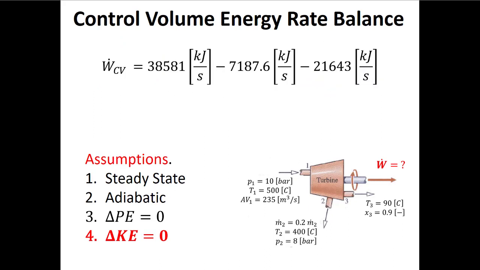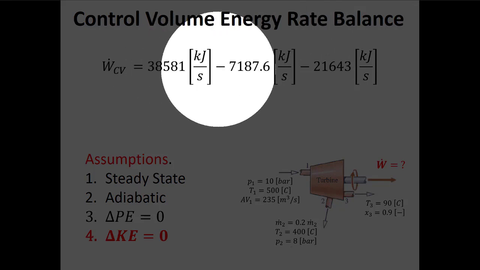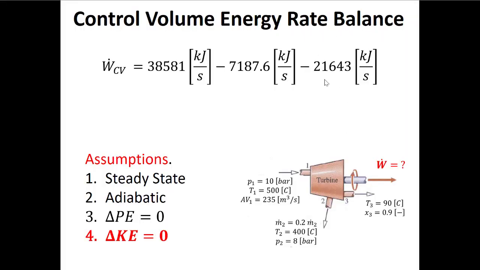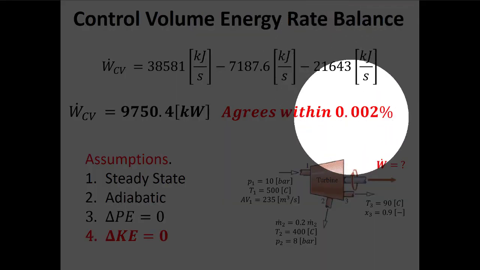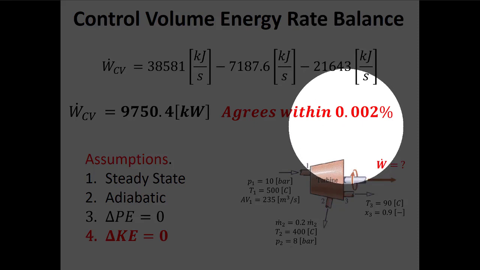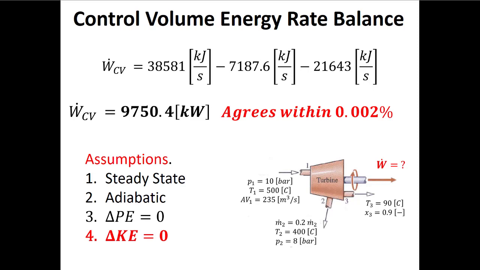Now I would just get the terms without the kinetic energy terms. And remember, those kinetic energy terms were always like 0.00-something percent of each total. So if I do this, I also get 9,750-ish kilowatts. My agreement between the solution with and without the kinetic energy is 0.002%. So these two models tell me the same thing.